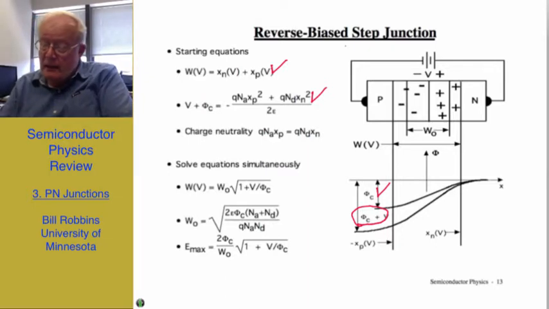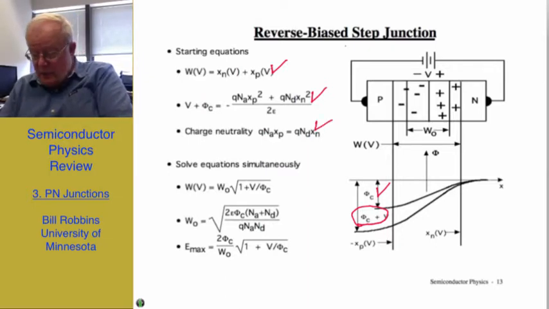And then finally, I use charge neutrality, which says that the total positive charge on the n-type side depletion region is equal to the total negative charge on the negatively charged space charge region on the p-type side. If I solve these equations simultaneously, we find that the depletion layer is given by the expression I've just highlighted.